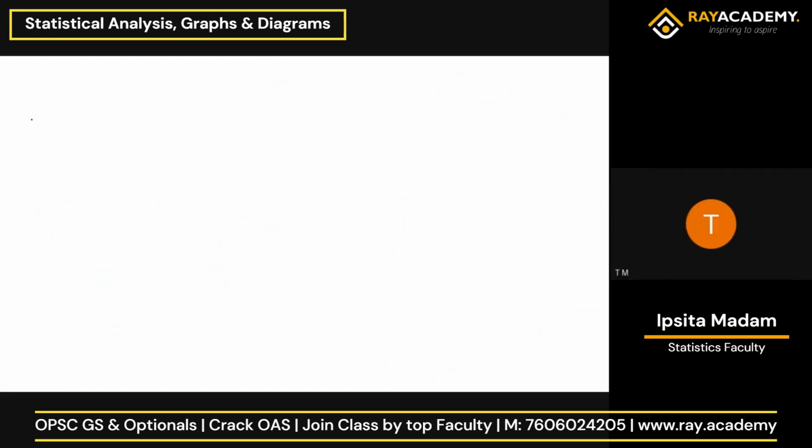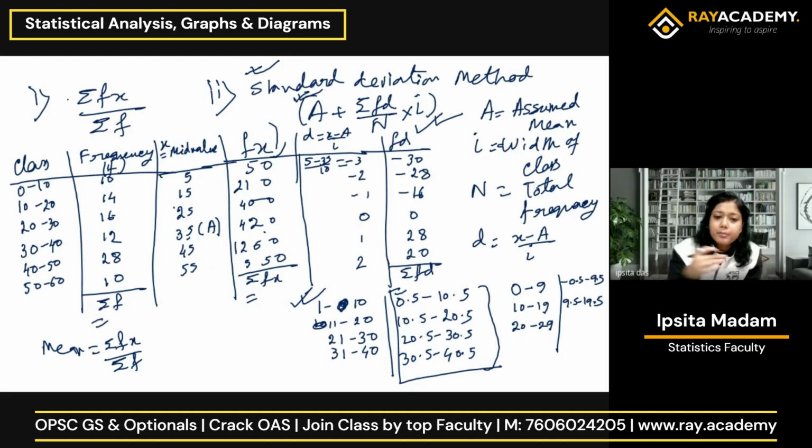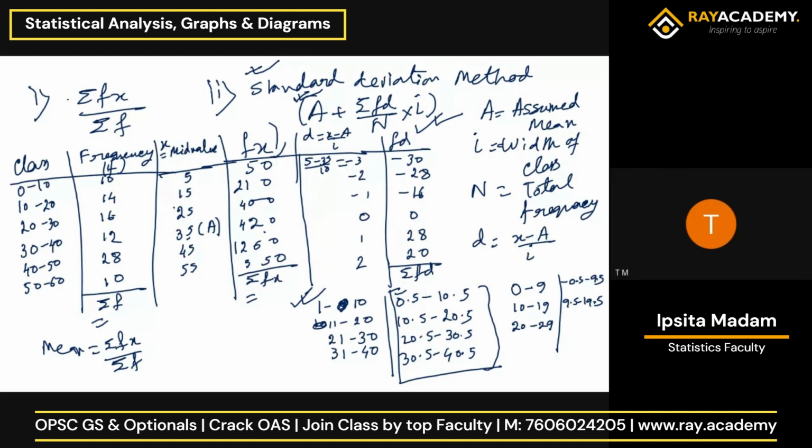Hello, ma'am. For standard deviation, is it always a continuous series? It should not be like 1, 2, 3 in the beginning x. Suppose here the class is 0 to 10, 10 to 20, so it is a continuous series. So I am asking, if it is standard deviation, will the question be asked only in continuous series, or will a single digit number also be there?